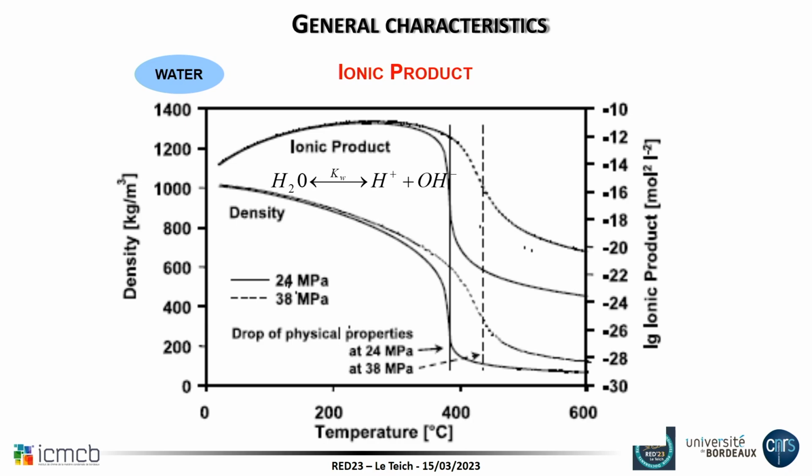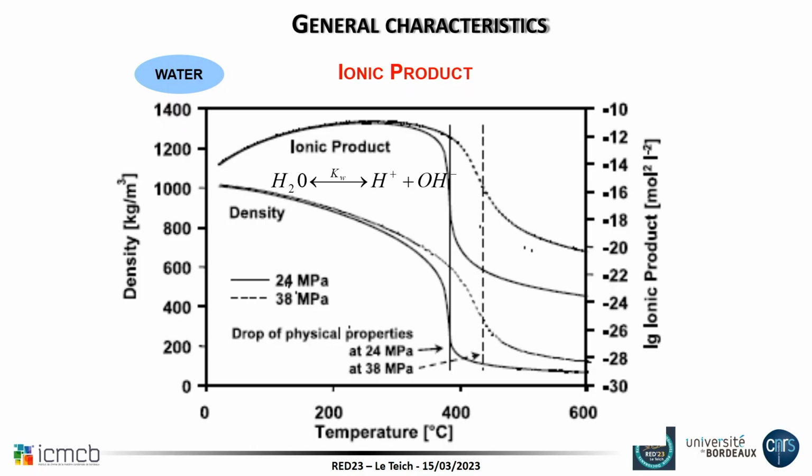The ionic product is basically the coefficient of the dissociation of water in H plus and OH minus. 10 to the minus 11, 3 orders higher than here at room temperature, means that the water is really dissociated. So it facilitates acido-basic reactions. And the maximum is more or less around 300 Celsius degrees. Again, we are close to the condition where the vents are.